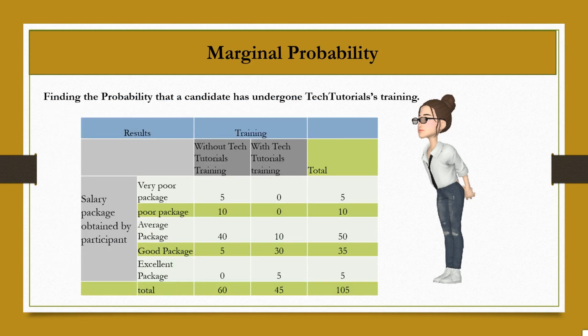Now let's look at our problem statement and find the probability that a candidate has undergone tech tutorial training. Quite simple. Which type of probability is this? This is marginal probability.